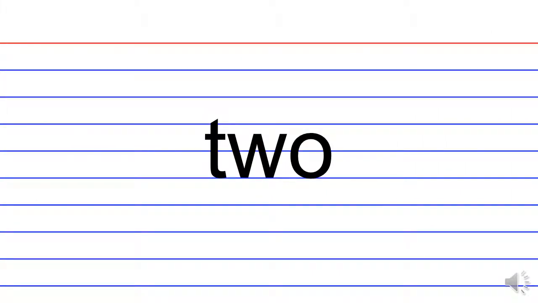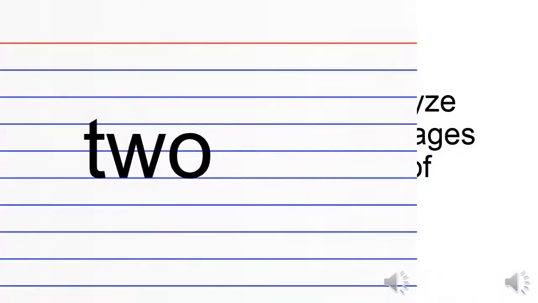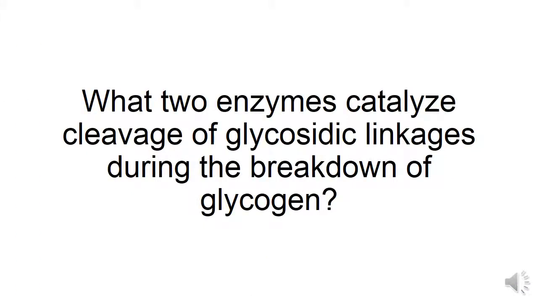That would be 2. What 2 enzymes catalyze cleavage of glycosidic linkages during the breakdown of glycogen? As we go through this deck, you'll see that a lot of this is biochemistry, more so than chemistry.